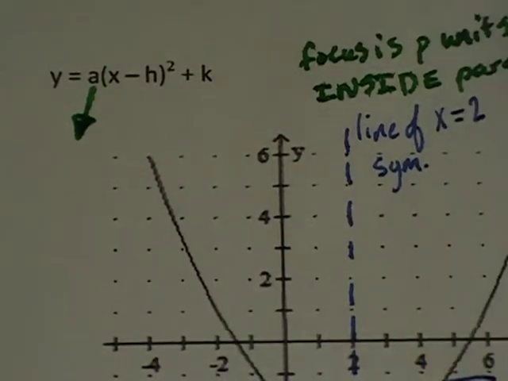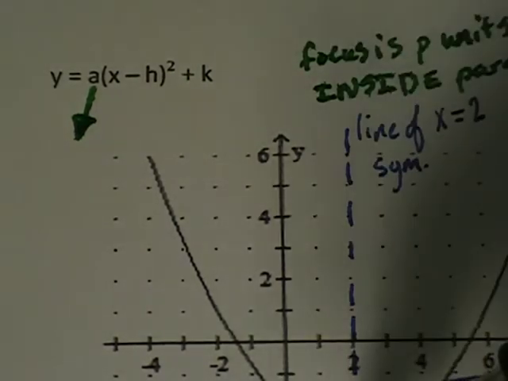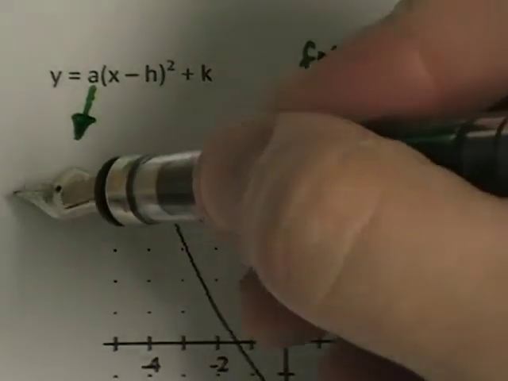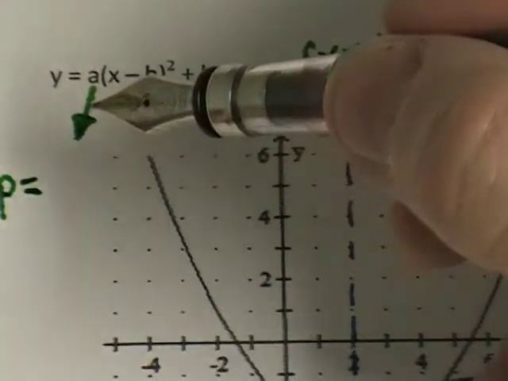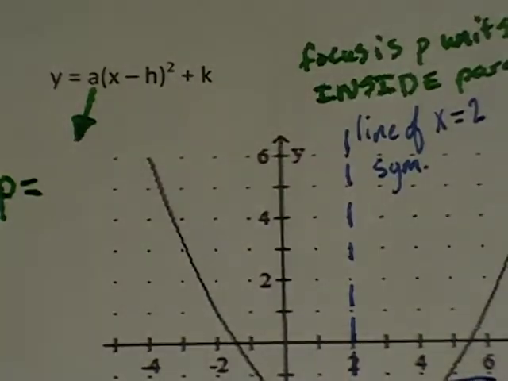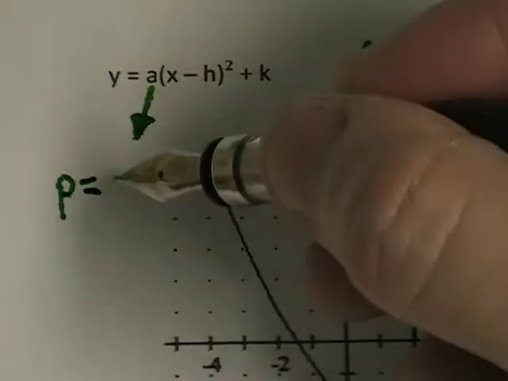This A term, okay, could be 1, 2, 5, 10, 1/2, 1/3, 1/5, 2/3, whatever. It's a stretch or a shrink in the vertical direction, okay? And P is equal to, because P is a distance, so keep that in mind. It's always going to be positive.